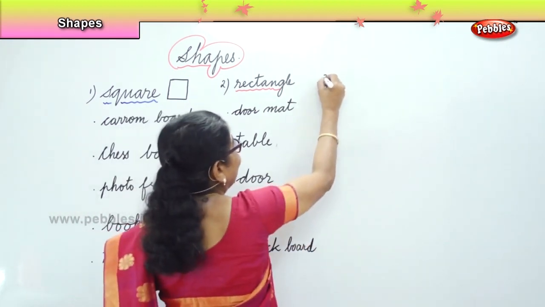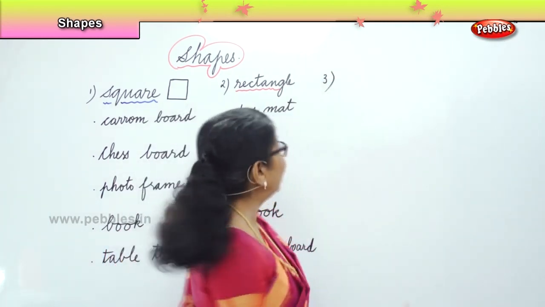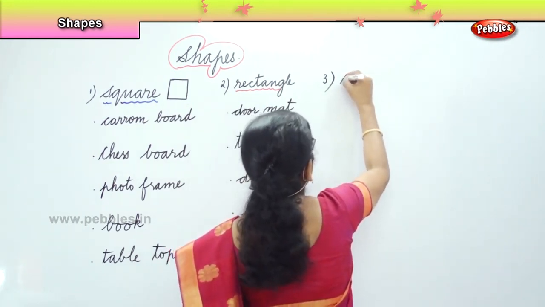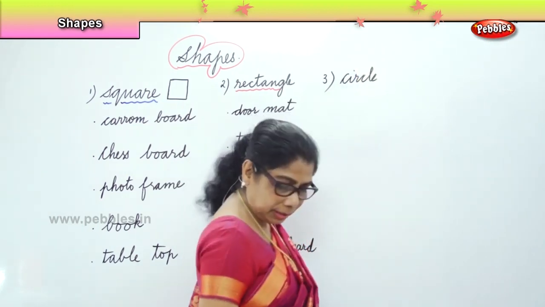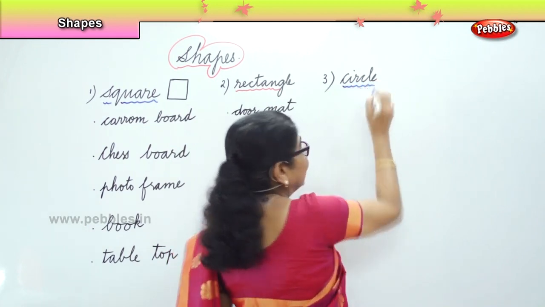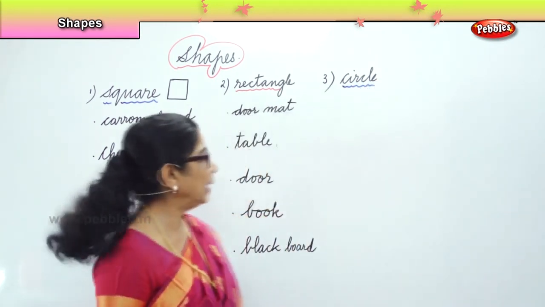Next, we are going to look at what is the other shape that you see? Circle. Okay, let's look at the circle. What are the circular items that you find in the class or around? Can you name them?